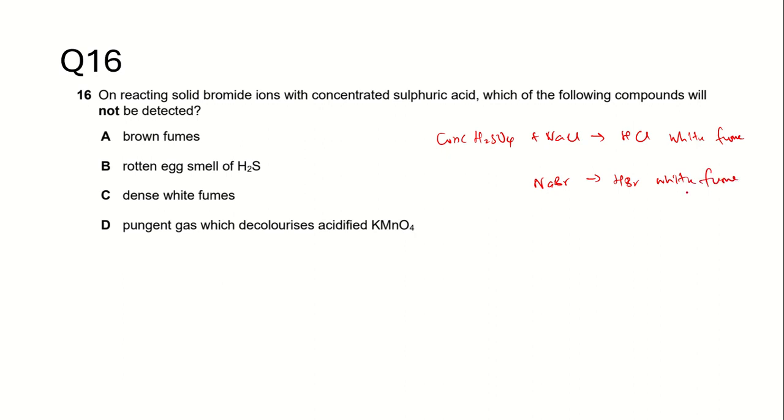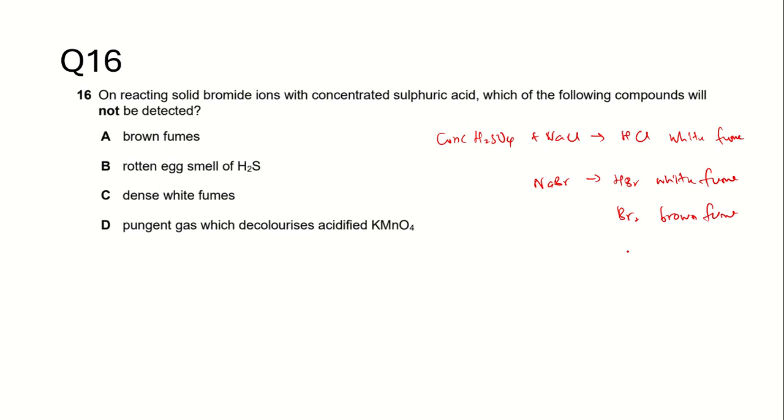But further oxidation of HBr will occur. Okay, you get bromine, which is a brown film, because this reaction is actually very exothermic. So I know bromine should be a liquid at room condition, but because heat is also produced, bromine is easily vaporized to become brown fumes.